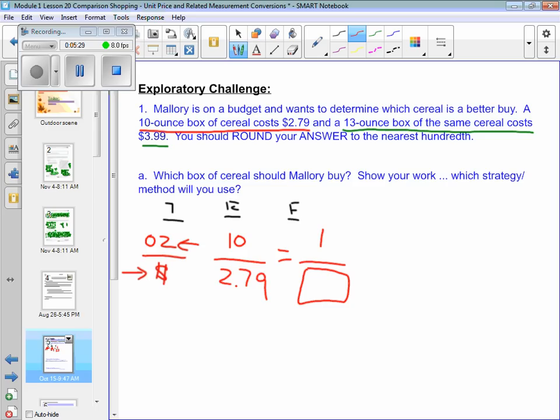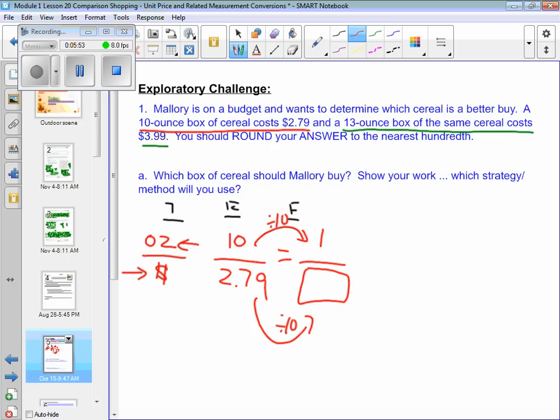Let's make our rainbow. 10 divided by what gets you 1? Kev, divide by 10. Whatever I do to the top part, I got to do to the bottom part. Now I have to just set up my math properly. Remember, it is 2.79 divided by 10.